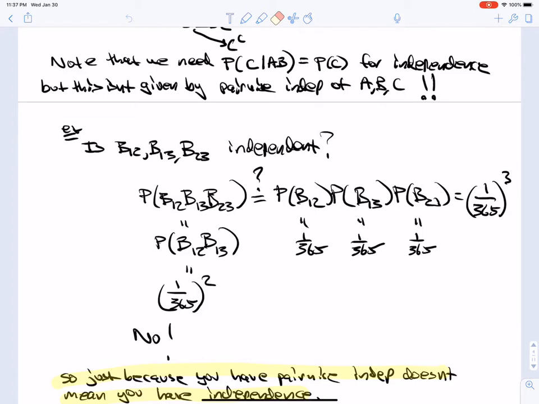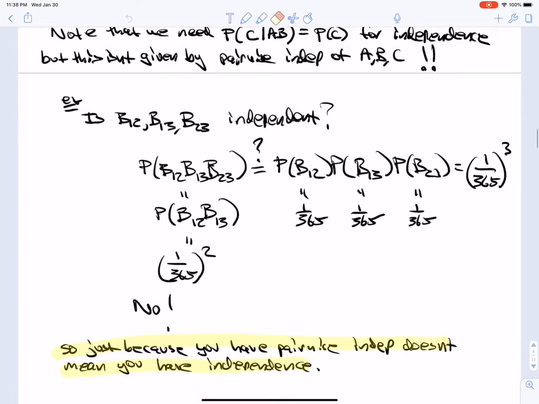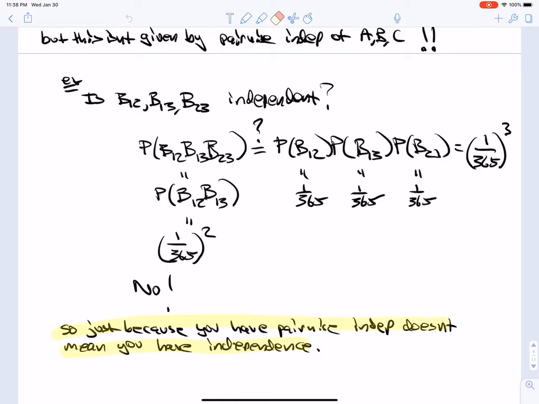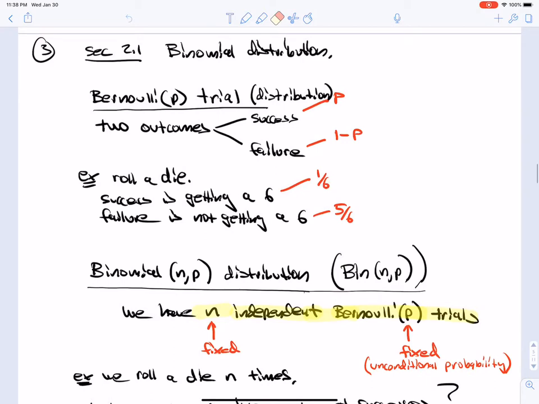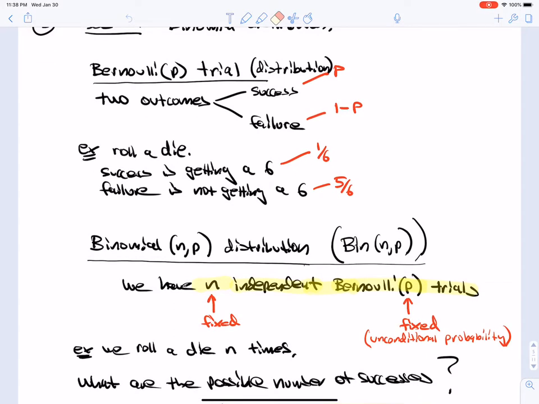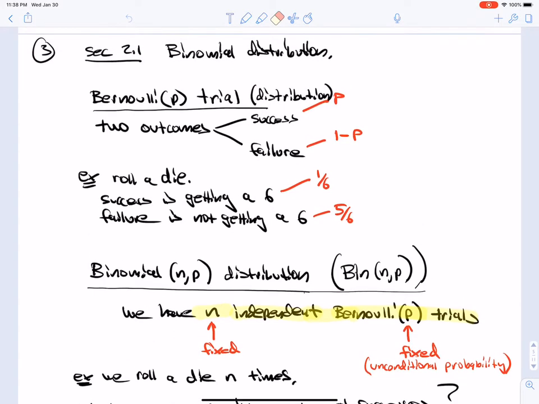So probability of B12, B13, B23: this event is just to say that all 3 have the same birthday, which we know is 1 over 365 squared, whereas on the right-hand side we have 1 over 365 cubed, so they're not equal. So just because you have pairwise independence doesn't mean you have independence. Then we moved on to the binomial distribution. The binomial distribution is the most important distribution that we'll study.